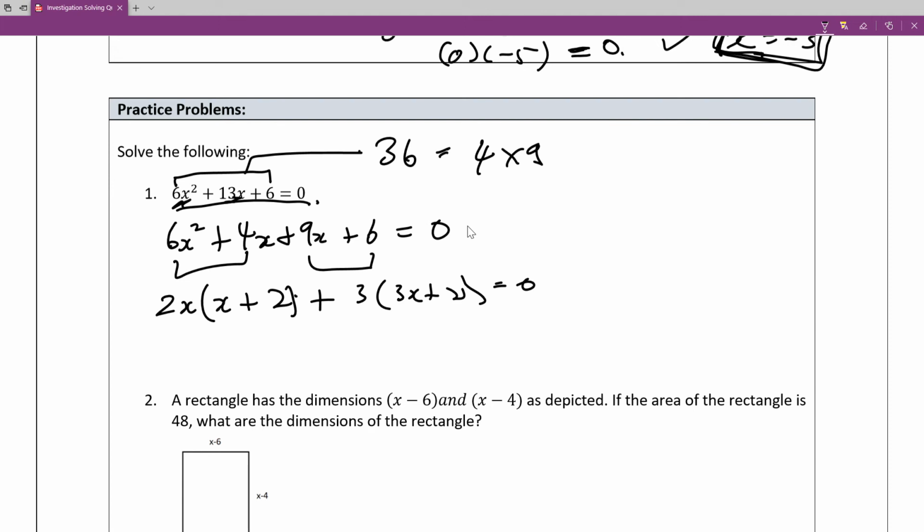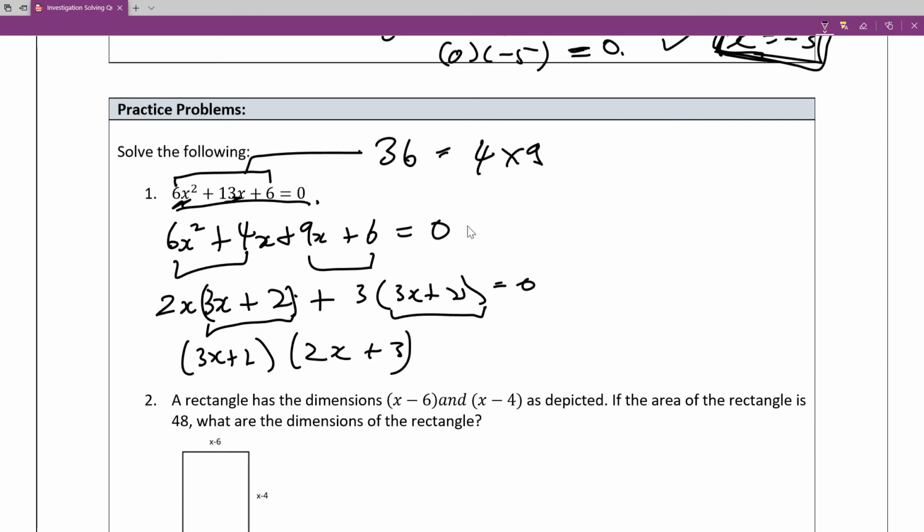It seems like I've done something wrong here. 2x, oh, 3. Okay. And then you see that both these groups have a 3x plus 2. So what you're doing is factoring out the 3x plus 2 from both. Okay, so that's 2x plus 3.